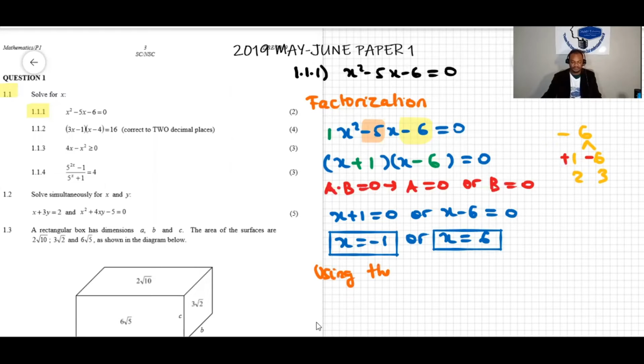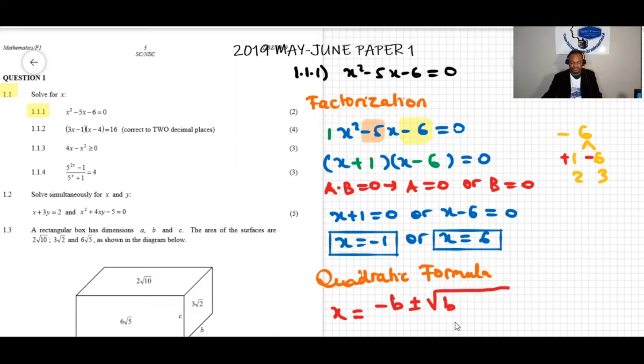Well, the quadratic formula is given by x equal to negative b plus or minus the square root of b squared minus 4ac, all over 2a, while the quadratic equation itself is ax squared plus bx plus c.